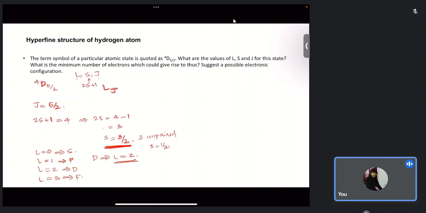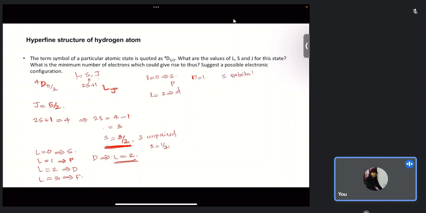Since it has to fill L is equal to 0, which is s, then p, it has to go till 2. It should have at least a D orbital. So if you look at the electronic configuration, when n is equal to 1, it can only have s orbital.